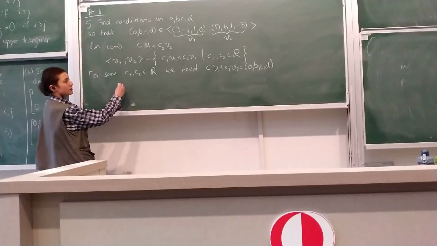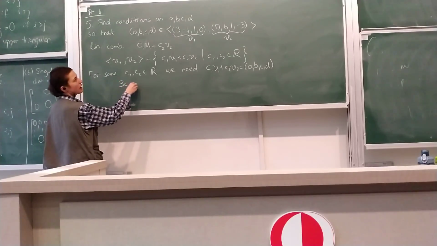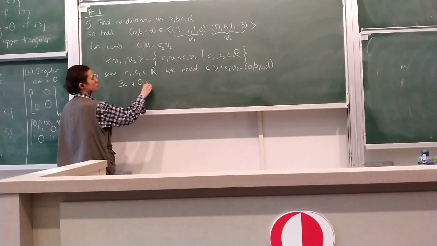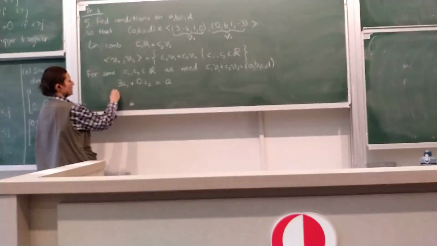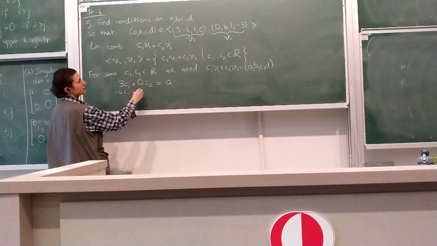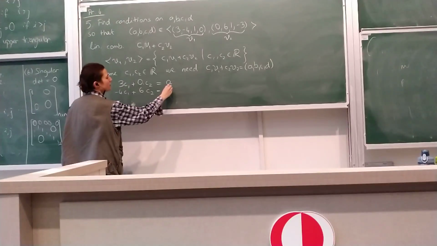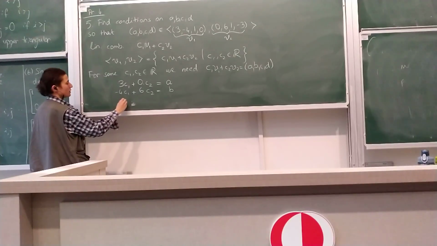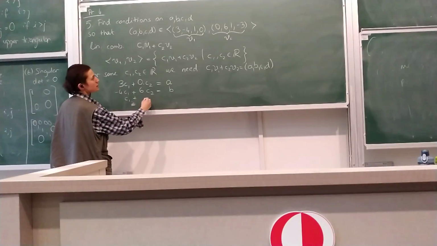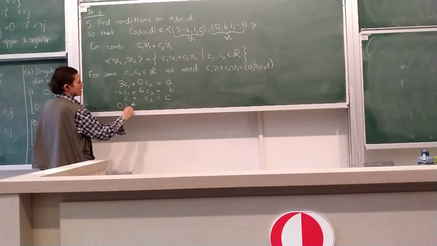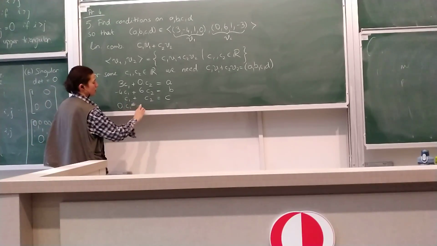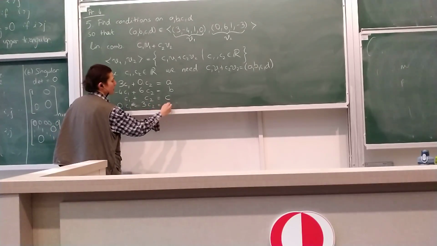What is it? 3C1 plus 0 times C2, and I want this to be A. Okay? Then minus 4C1 plus 6C2, I want this to be B. And it follows the same. C1 plus C2 should be C. 0 times C1 plus minus 3C2 should be D.